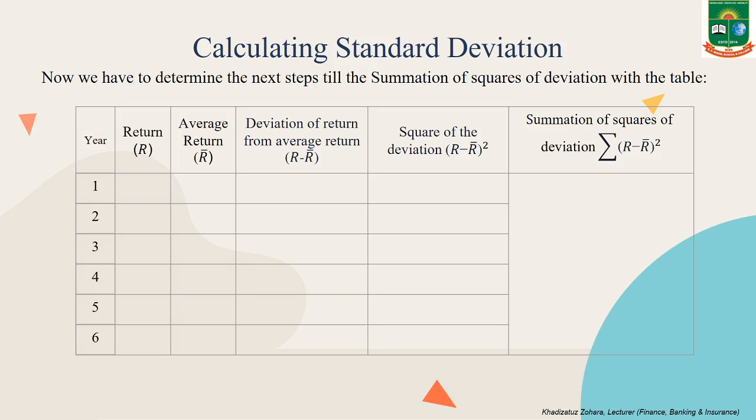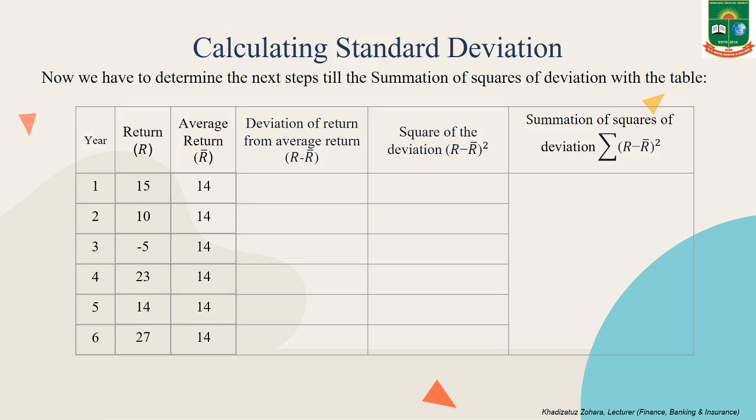Then return, which is given in the question, 15, 10, -5, 23, 14 and 27. Then we have determined average return R bar equals 14%. We have to write it in each box. 14, 14, 14 and 14, 14. Deviation of return from average return.